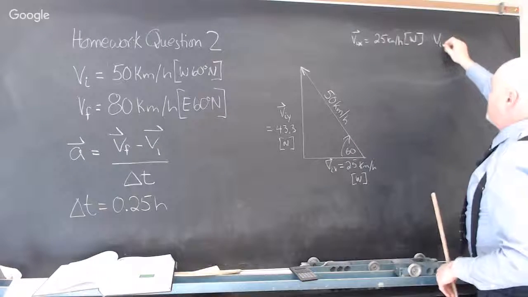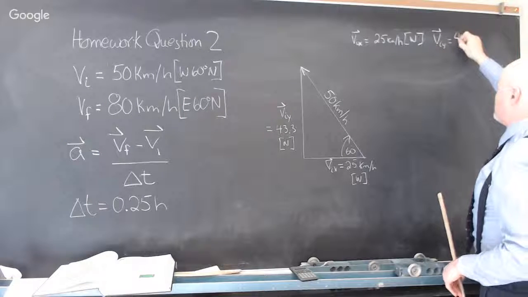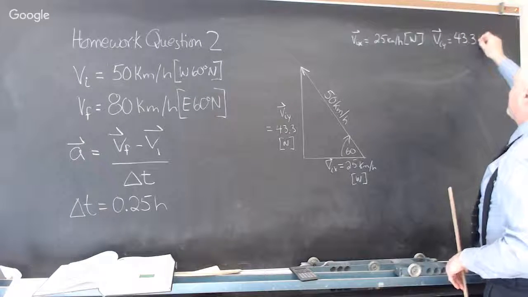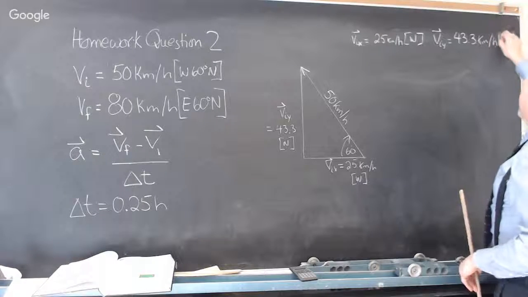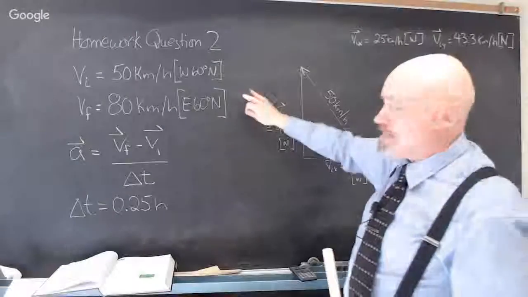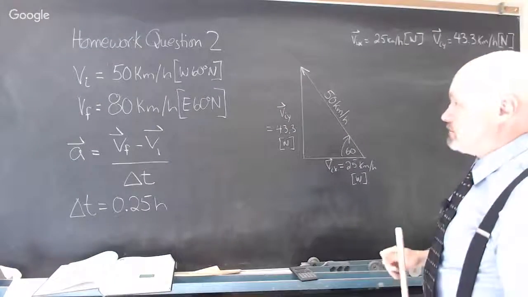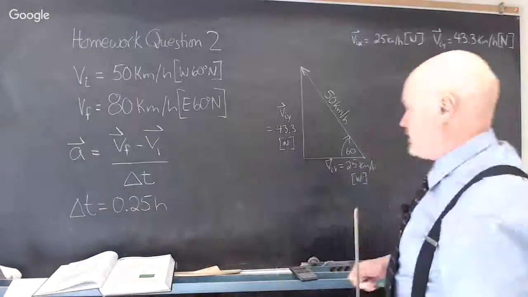And our VIy is going to go here, and this is 43.3 kilometers an hour north. And the trick is that we need to turn these into negatives and make sure we've got our directions correct when we go to add the VIf.